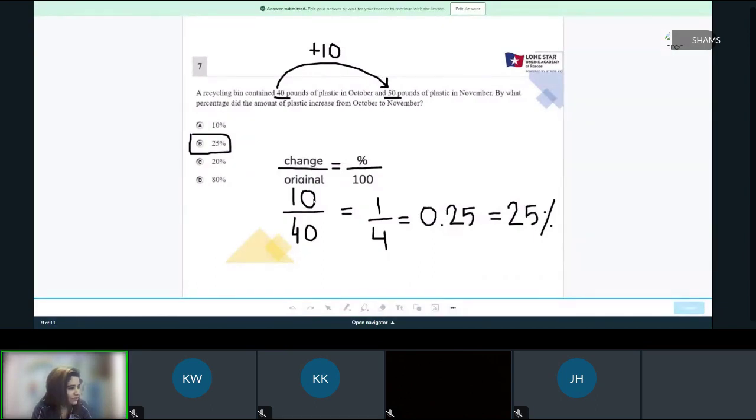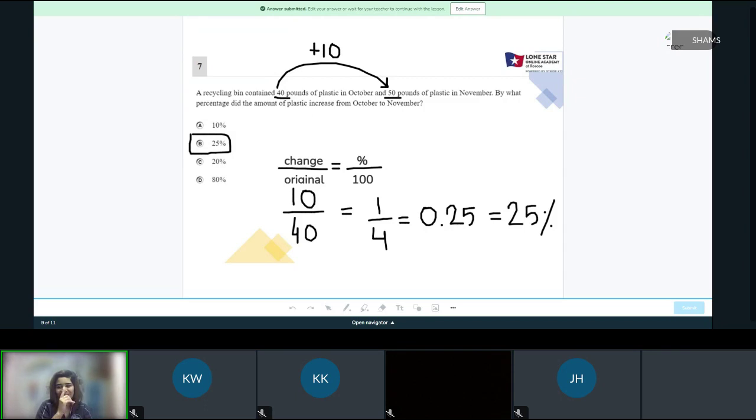So the increase is 10. The original number in October before the change happened is 40. So 10 over 40. But 10 over 40 is same as a quarter, 1 over 4. And a quarter is going to be 0.25 or 25%.